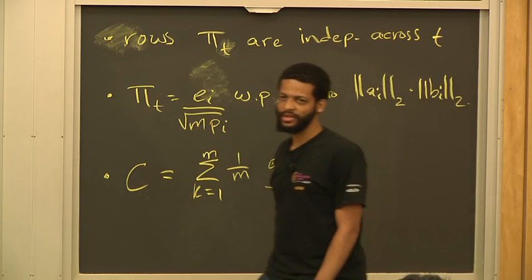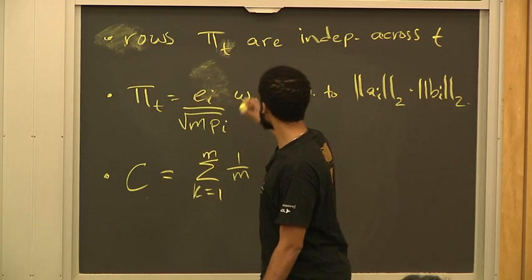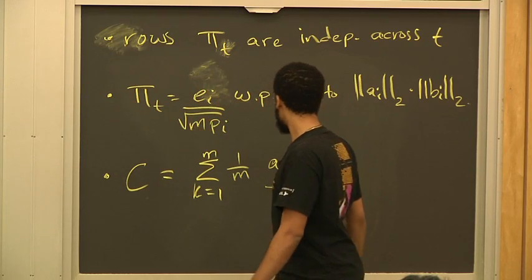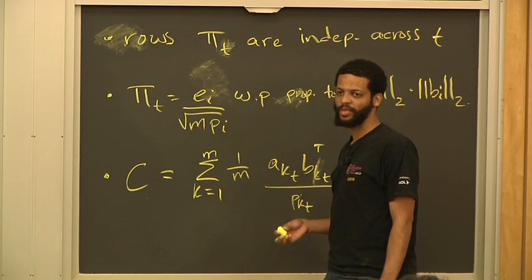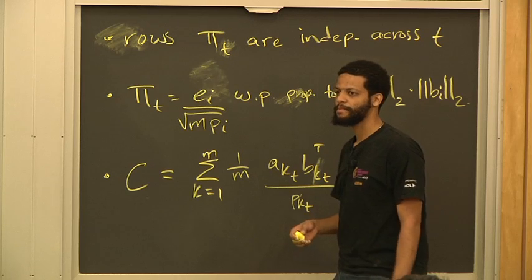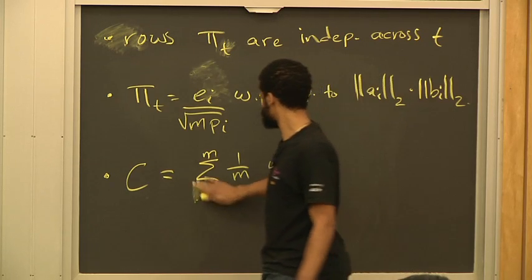There are m rows here. There are m samples that you're sampling from this sum of outer products. And k_t is the row you sampled in the t-th row of pi.